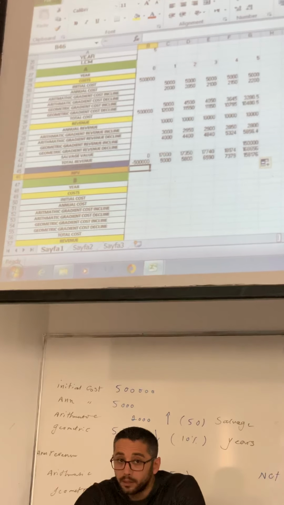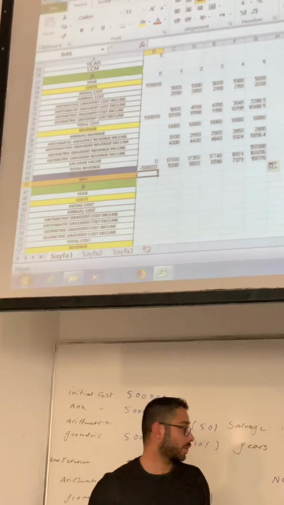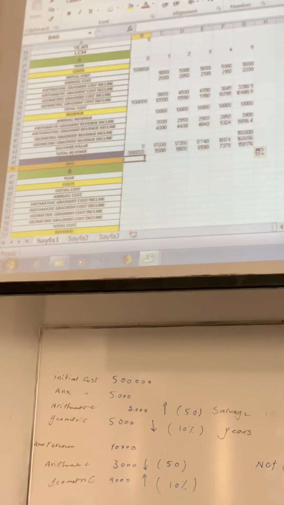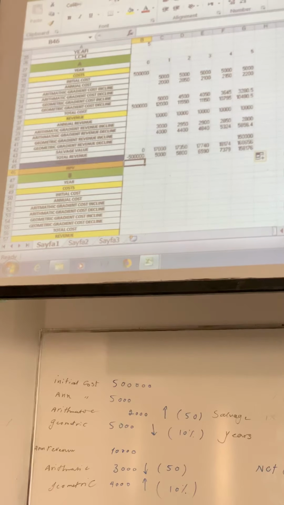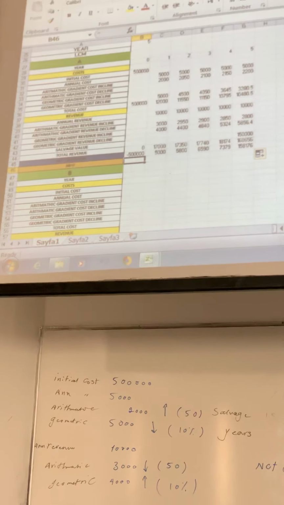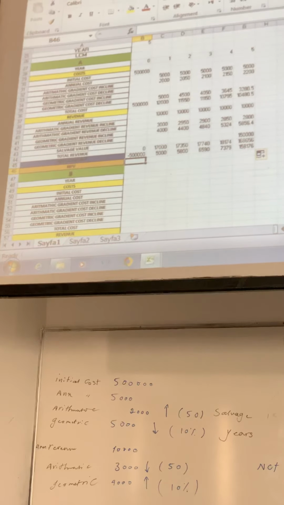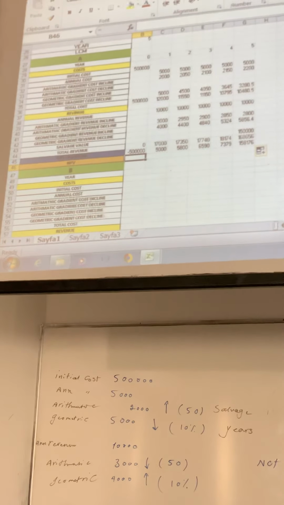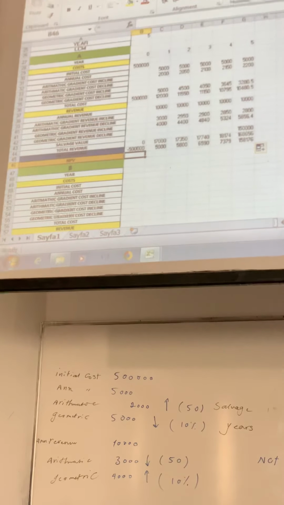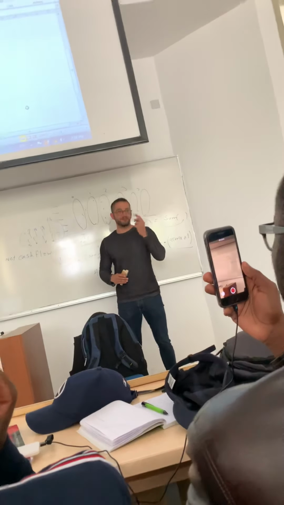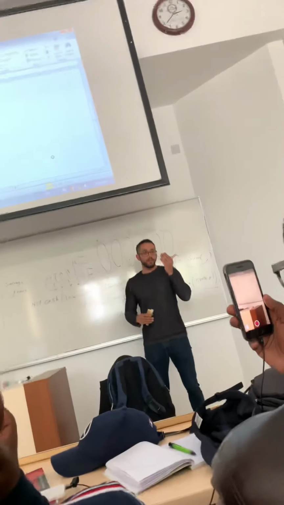Can you repeat it again? The last one, net cash flow. Net cash flow is the subtraction of revenue and cost. When you deduct cost from revenue, you will get your benefit, basically.